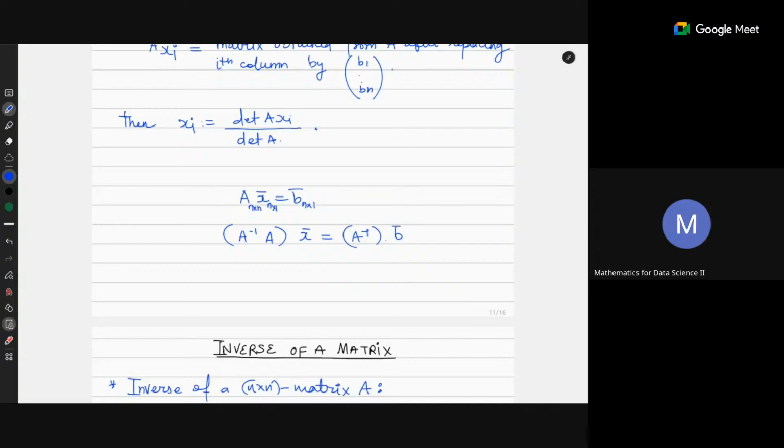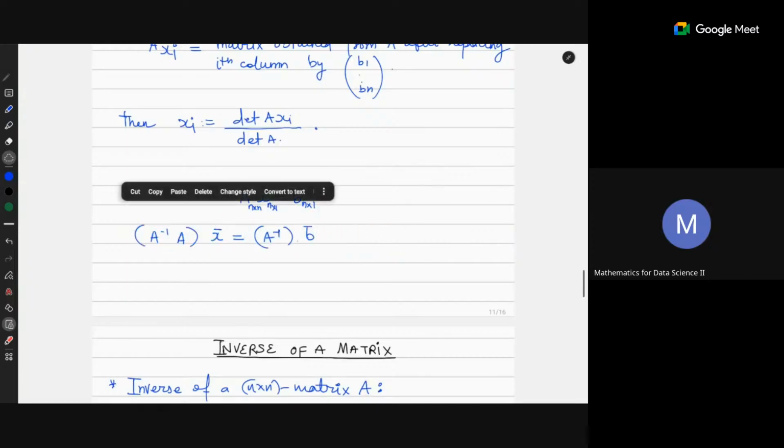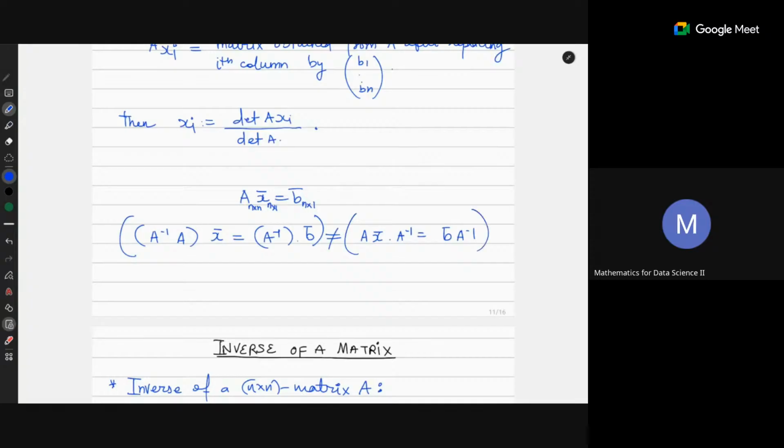It matters if you multiply your matrix from the left or from the right. So this is multiplication of a matrix from the left. And let me also write down the matrix multiplication from the right. So I multiplied A inverse from the right-hand side. This is not the same as this thing; this equation is not the same as that.